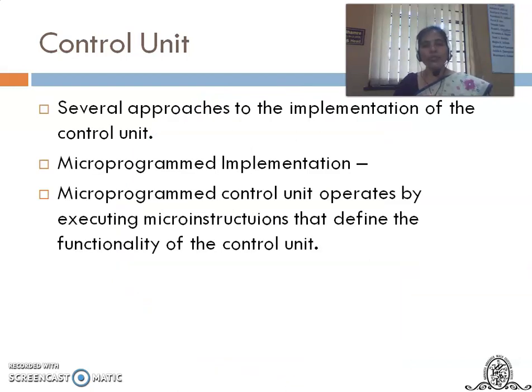And there are several approaches to the implementation of a control unit. A micro-programmed implementation is one of these approaches. In the micro-programmed control unit implementation, the operations are done by executing small micro instructions that define the functionality of the control unit. So there are micro instructions, meaning the operation is broken down into extremely small steps, and these are called micro instructions, executed in the control unit for performing a bigger operation.